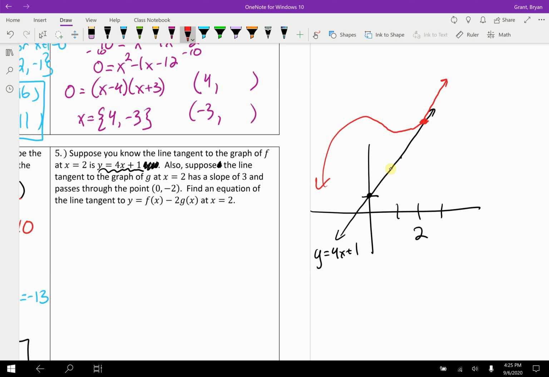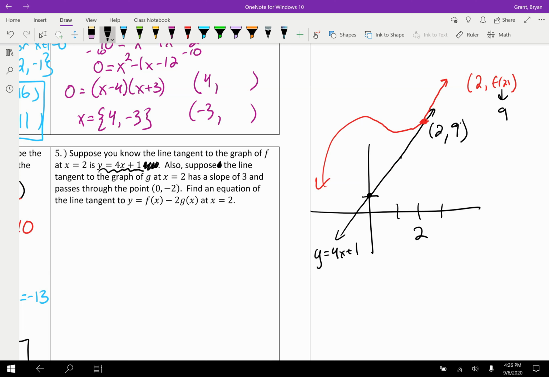So if we wanted to know the point on the graph of f, 2 comma f of 2, we could just find the point 2 comma what on the tangent line. Well, if we evaluate 2 in here, 4 times 2 is 8, plus 1 is 9, 2 comma 9. So this tells us then that f of 2 is 9, because they have to have the same point at their point of tangency.